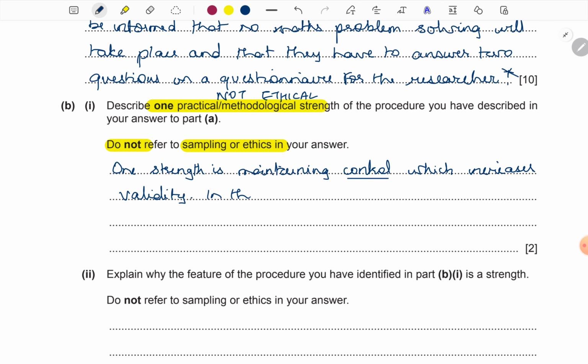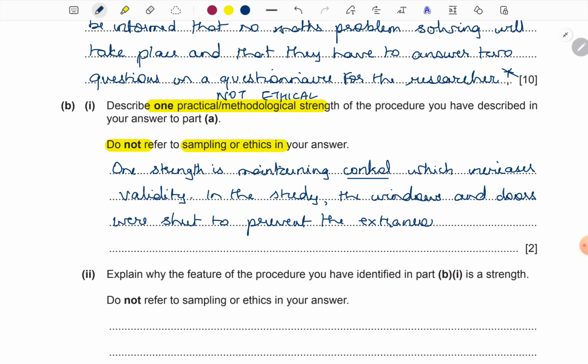In this study, the windows and doors were shut to prevent the extraneous variable of other smells from influencing daydreaming.